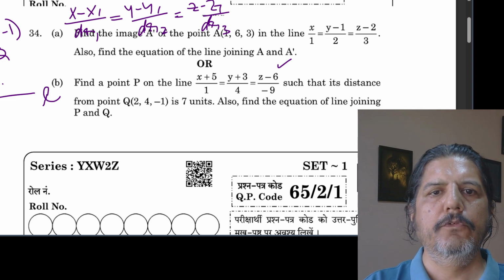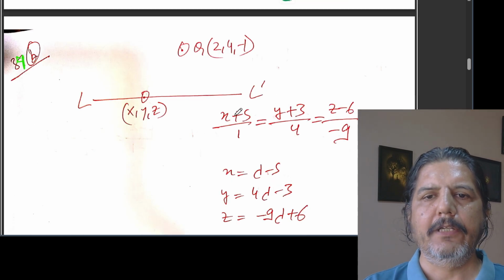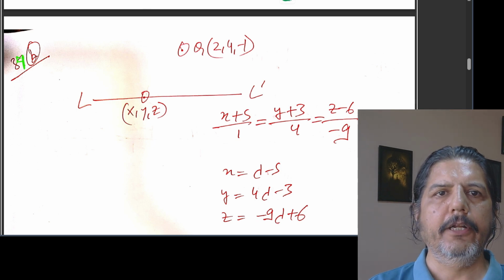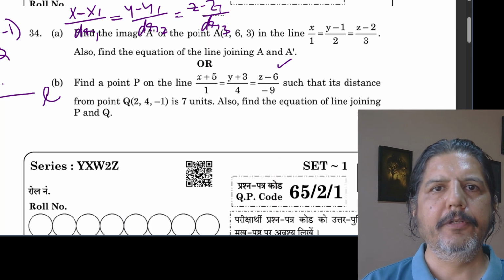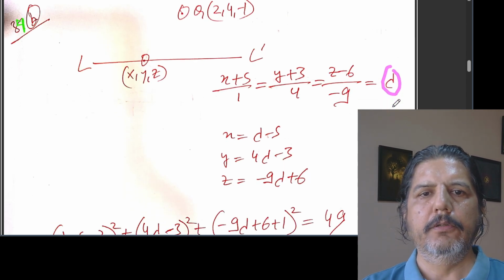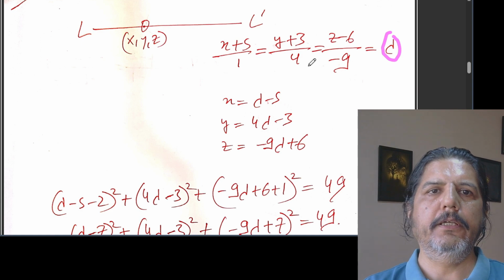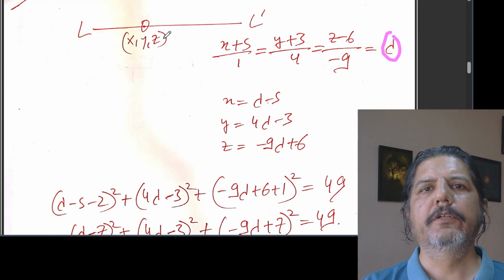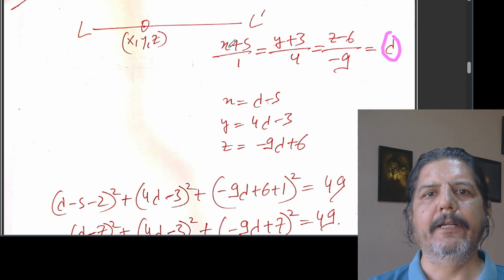Okay. So I have been given this line (x plus 5) upon 1, (y plus 3) upon 4, (z minus 6) upon minus 1. What I do, again, like I have been doing in the previous question also, is put this equal to lambda. Why do I put this as lambda? Because I want to find a general point on this line LL dash.